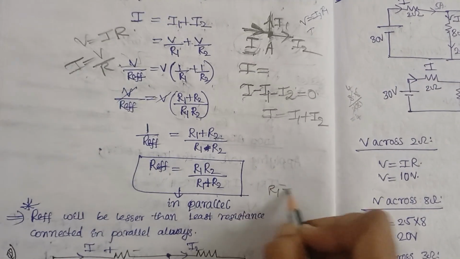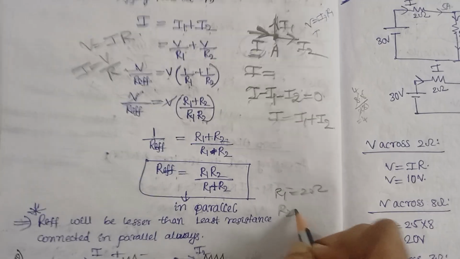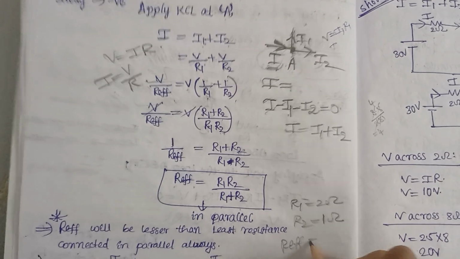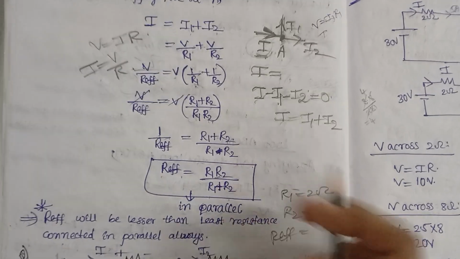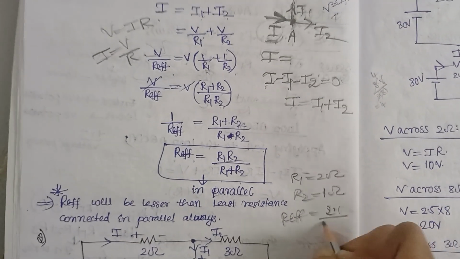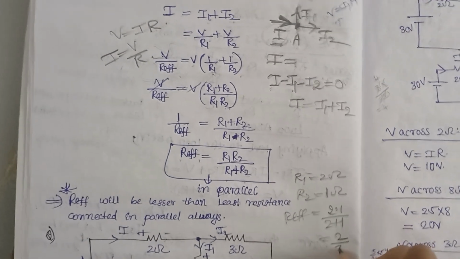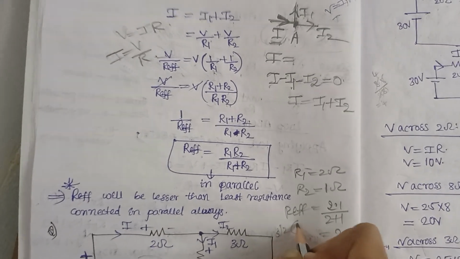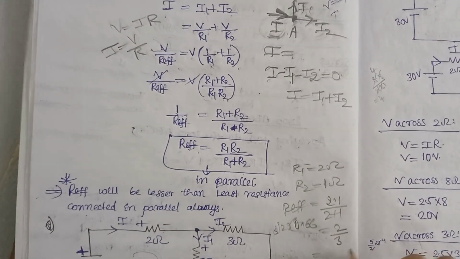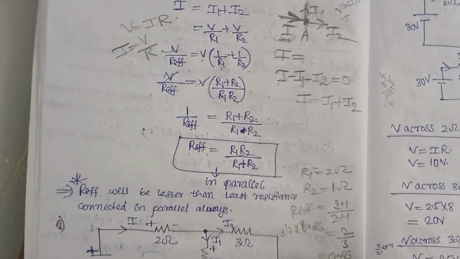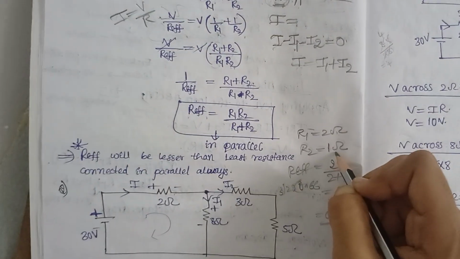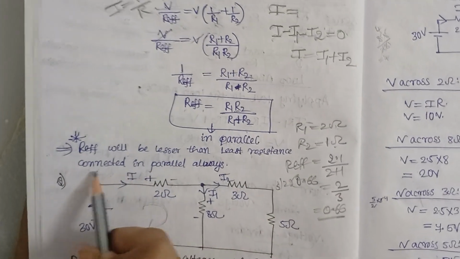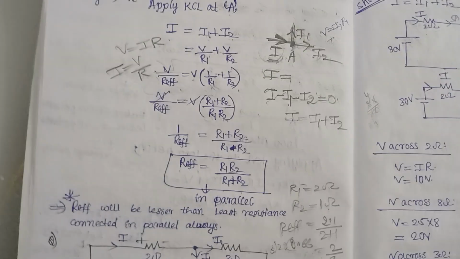Let us suppose R1 is equal to 2 ohm and R2 is equal to 1 ohm. Now your R effective, according to this formula R1 into R2 by R1 plus R2, is nothing but 2 by 3, which is 0.66. Okay, 0.66 is lesser than R1 and R2, right? That is, your R effective will always be lesser than the least resistance connected in parallel.